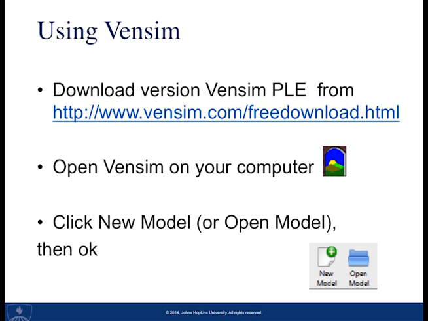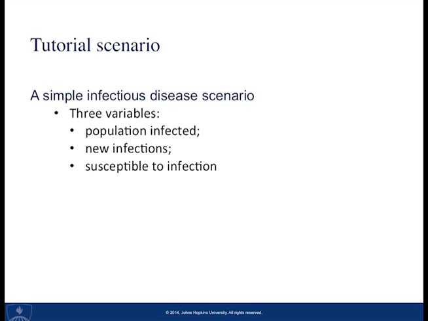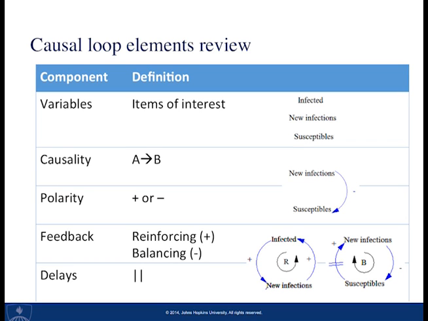And just to give you a flavor of what we'll talk about, a very simple infectious disease scenario. It has only 3 variables: a population infected, new infections, and a population that's susceptible to infection, or individuals susceptible to infection. And going back to what Agnes presented, we'll be talking about 5 different elements.